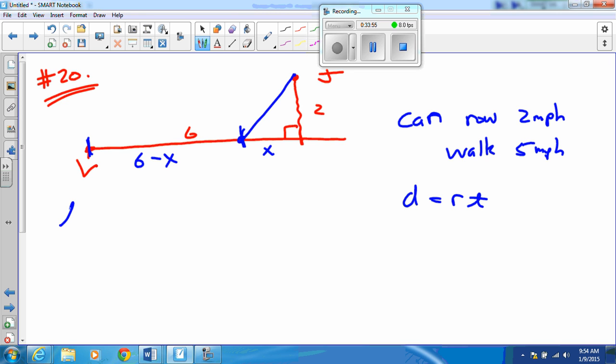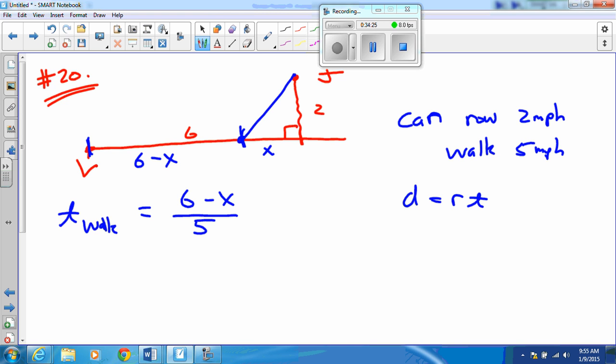The amount of time that she's going to take to walk is equal to the distance divided by her rate, which is 5. Just like that. Everybody with me so far? Following the line?